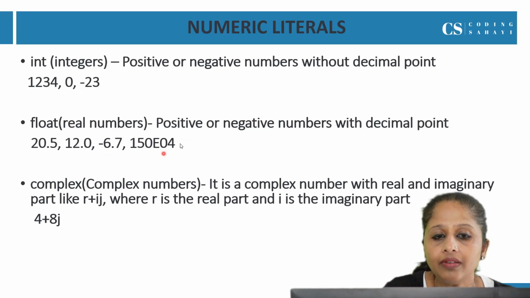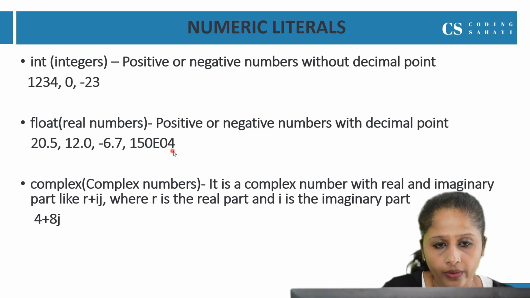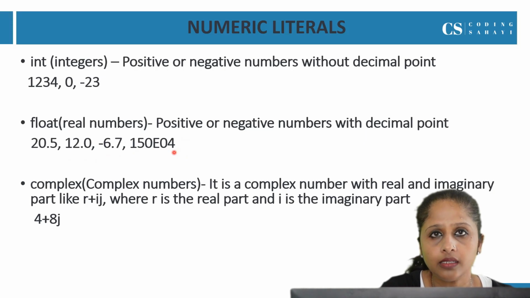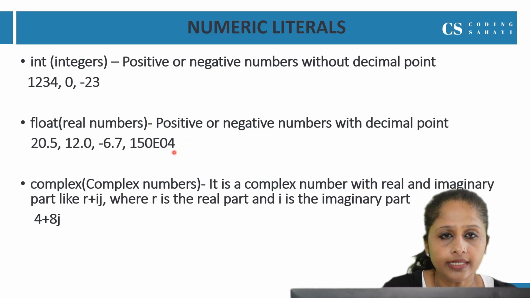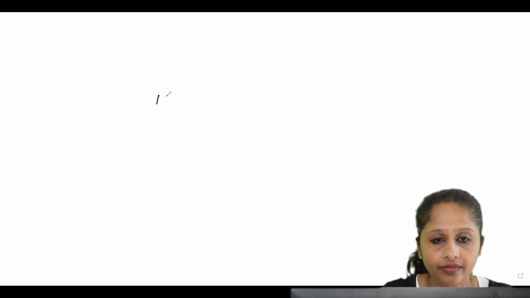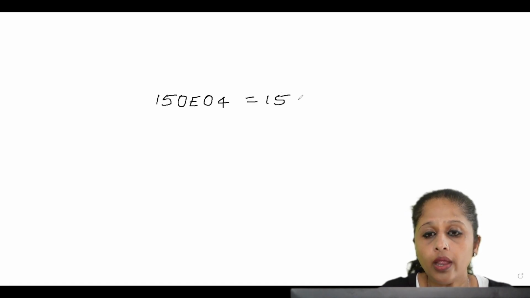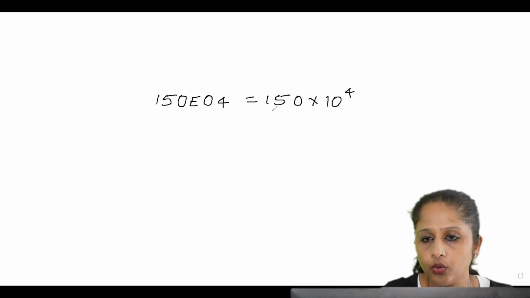Then here we have another number, this is 150E04. This is actually an exponent value. You can write exponent values as floating point values. For example, as we have seen, I have written the number 150E04, which means 150 into 10 to the power 4.